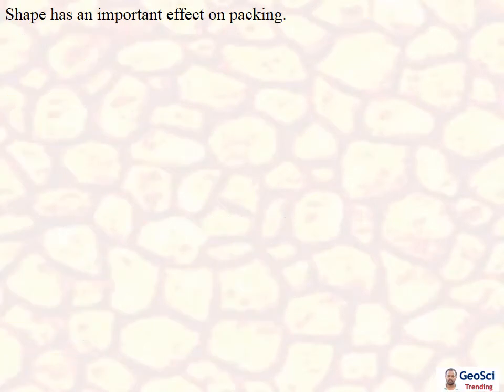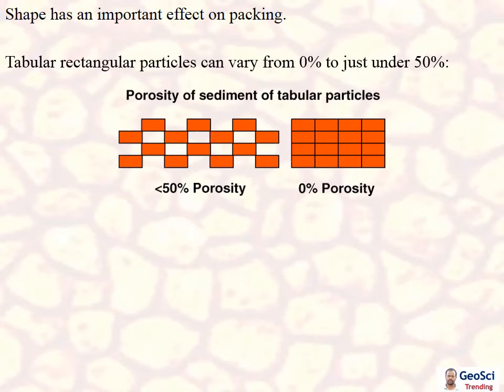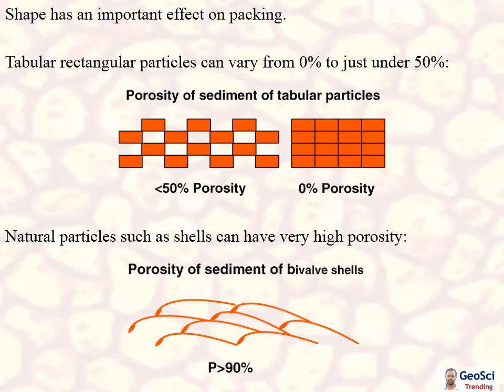Shape has an important effect on packing. Tabular rectangular particles can vary widely in porosity. Looking at this figure, the first sediment of tabular particles has less than 50% porosity. Now let's see the second one, 0% porosity.